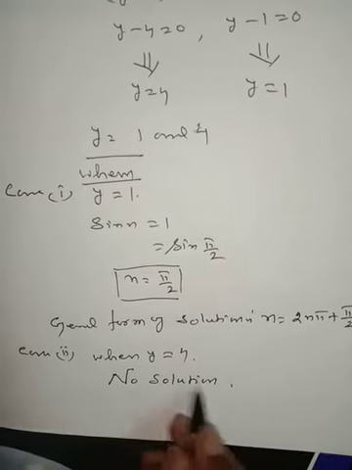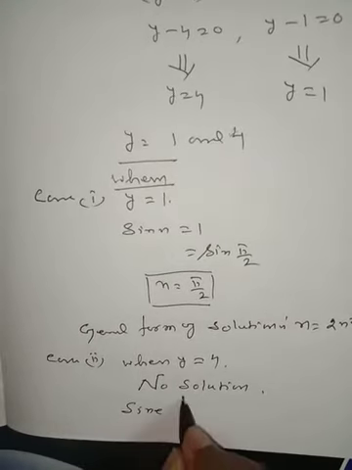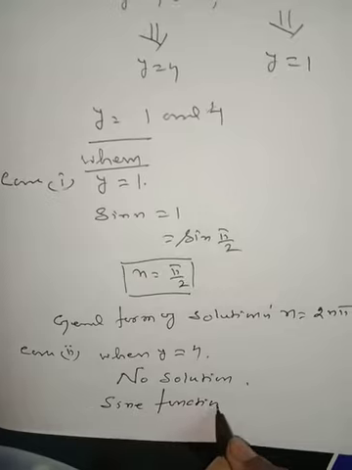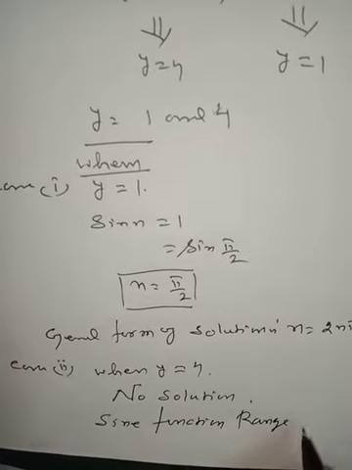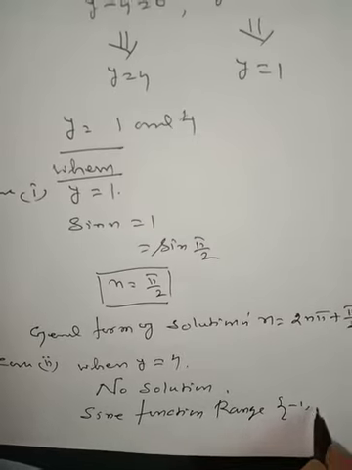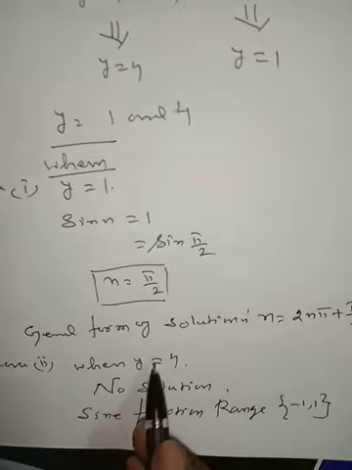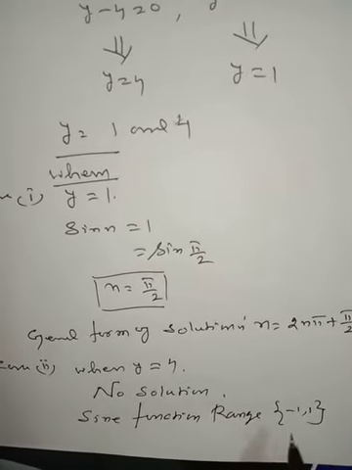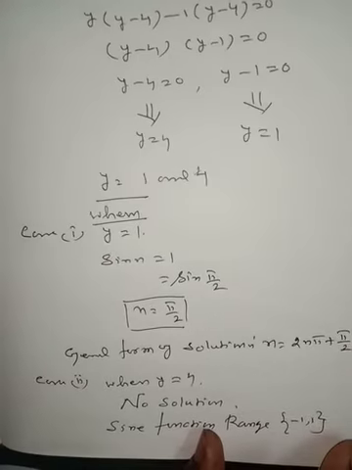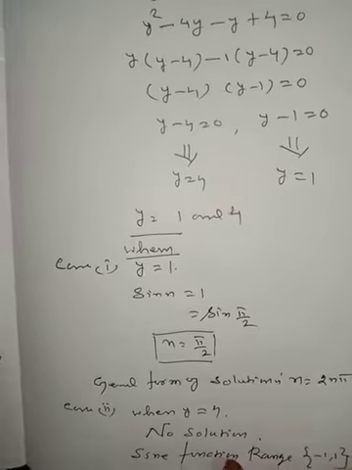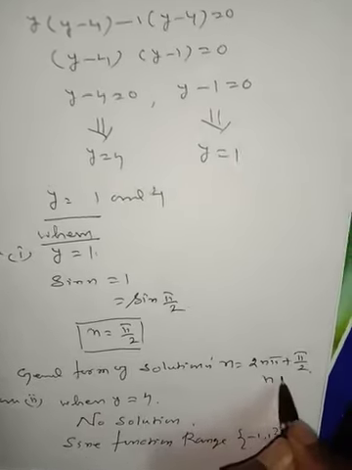The sine function range is between minus 1 and plus 1, but 4 is outside that, therefore there is no solution. Here n is an element of integers.